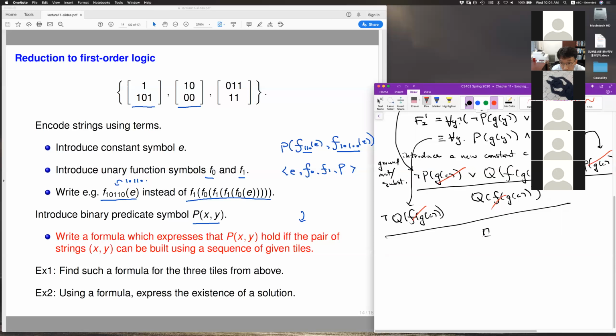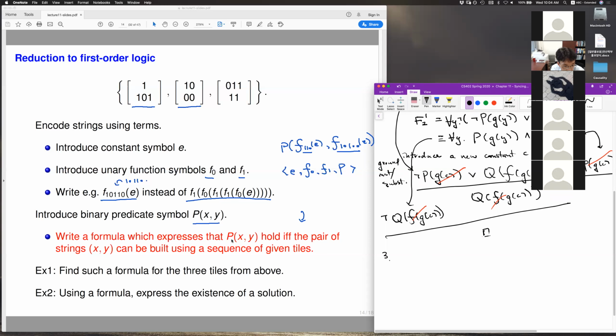Okay, so let me tell you how you can do it. For the first exercise, we want to write a first order logic formula in such a way that it really expresses the highlighted red part. You can think of this as recursively defining what P should say.